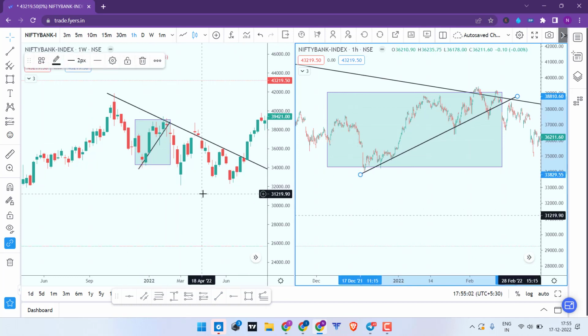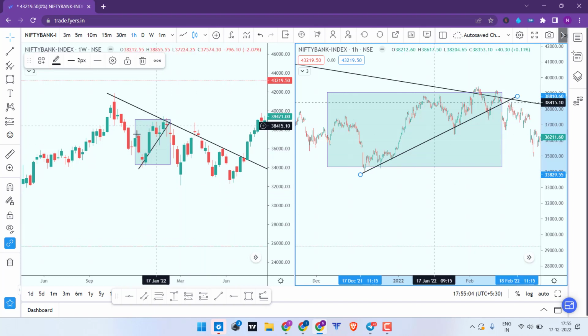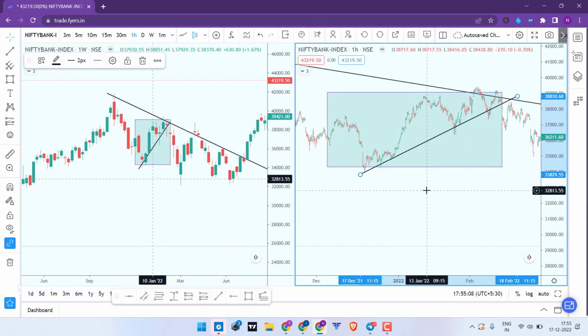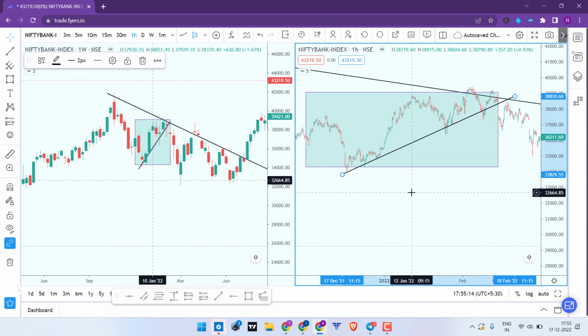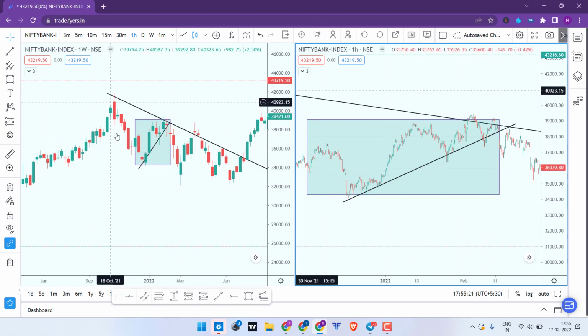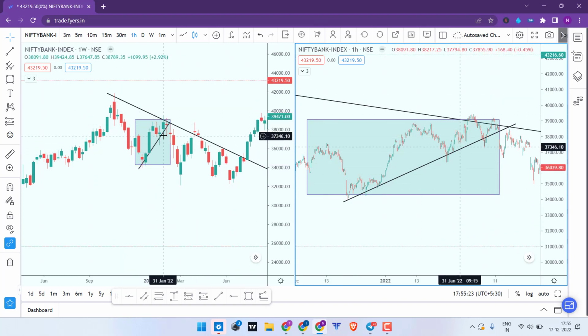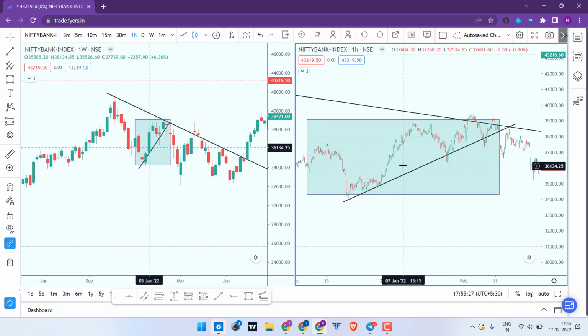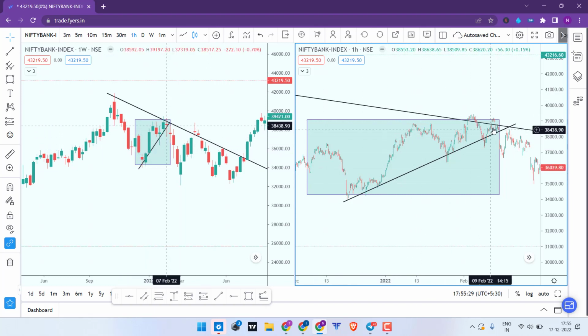So it's not necessary that if higher time frames show one trend, lower time frames also show the same trend, because different time frames have different trends. This is the live example I have shown here. In the weekly time frame it is in a downtrend, but in the hourly time frame it is clearly in an uptrend.